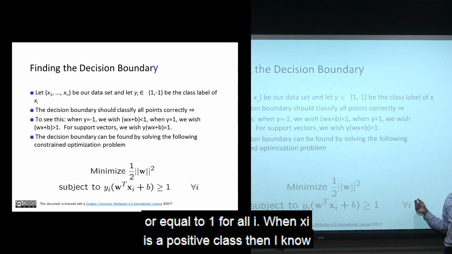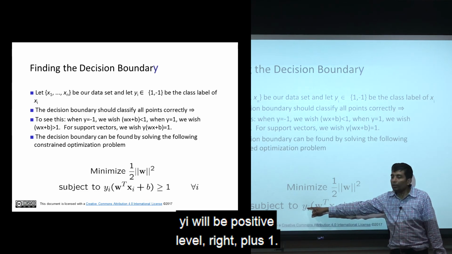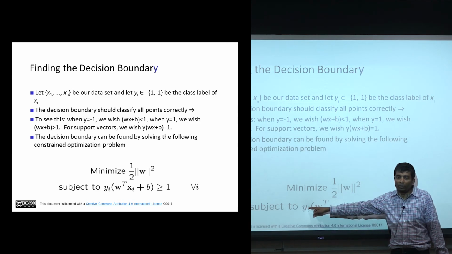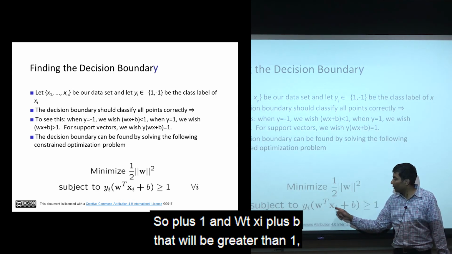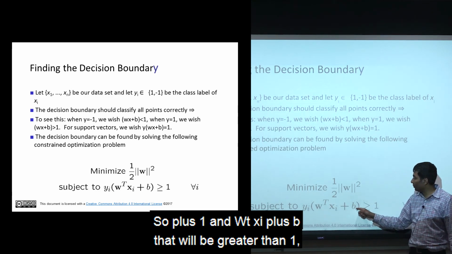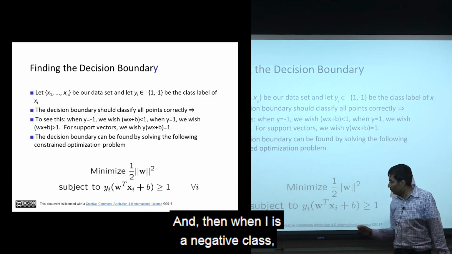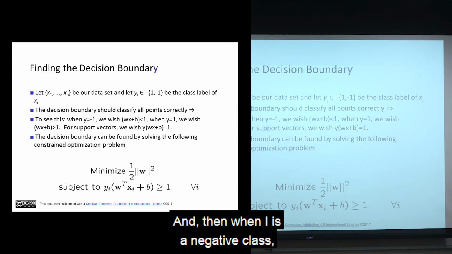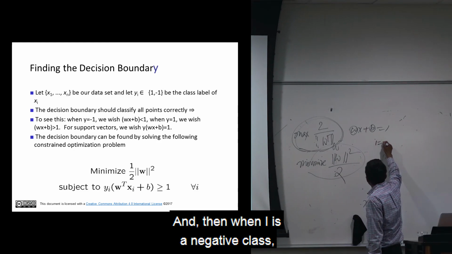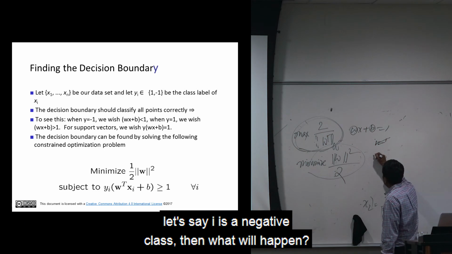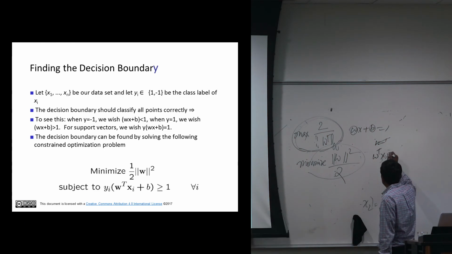When xi is a positive class, then I know that yi will be plus 1, and w^T xi plus b will be greater than 1. So positive. And then when xi is a negative class, what will happen?